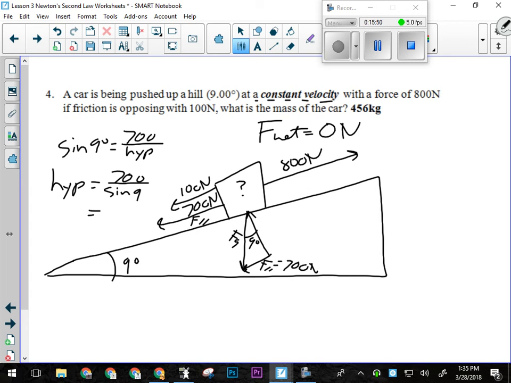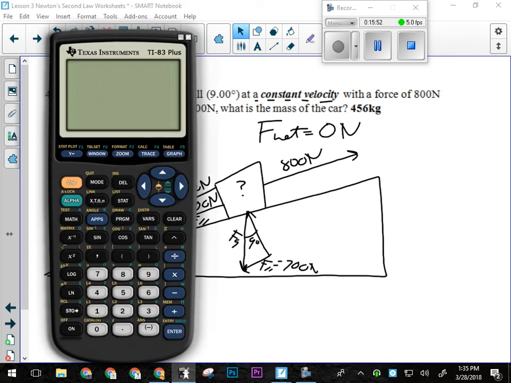If I take my 700 and divide it by the sine of 9 degrees, I get a force of gravity of 4,474 newtons. If I want the mass of the car, I divide that by 9.81, and I get the mass is 456 kilos.